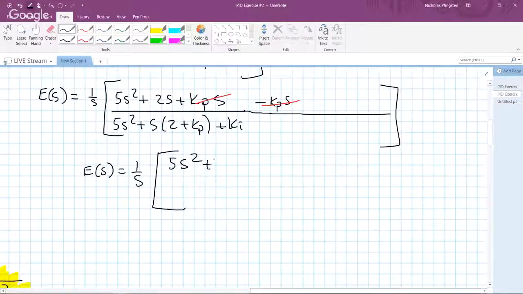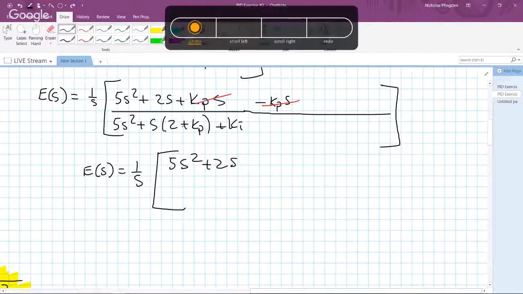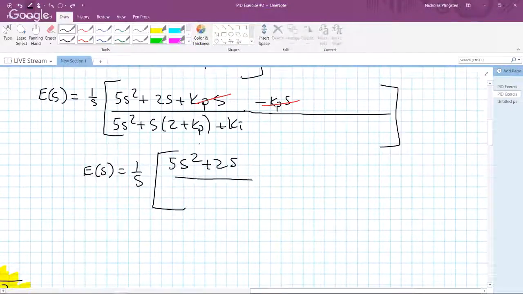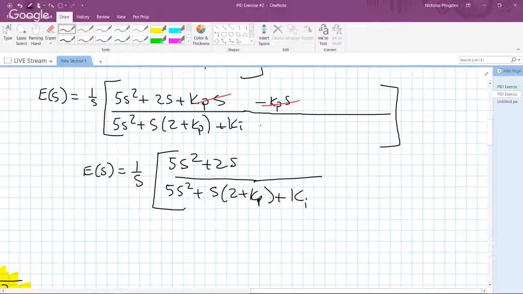5s squared plus 2s plus, which is 5s squared plus 2s. In the numerator, this would be 5s squared plus s2 plus kp, k sub p, plus k sub I. And there is the transfer function that we have to take the limit of.